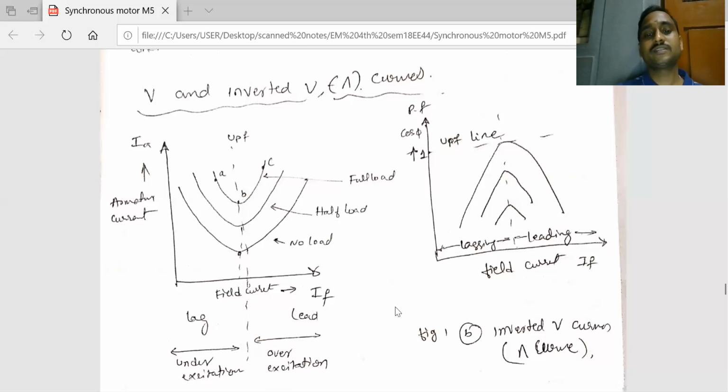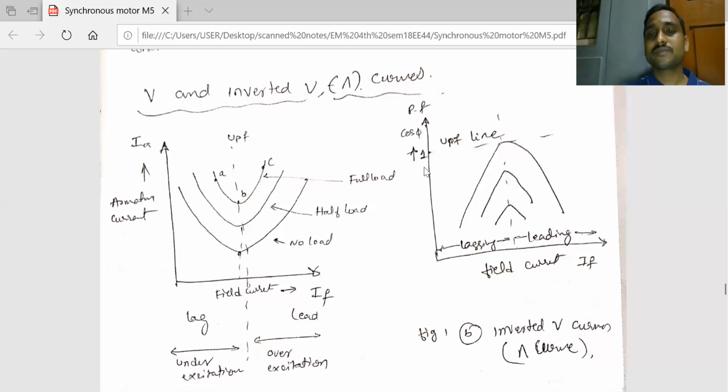If you increase the field current, the excitation is over. Hence, when over excited, we always get a leading power factor, and in under excitation, always a lagging power factor. In between lagging and leading, the middle point is the unity power factor. So this is called the V curve.